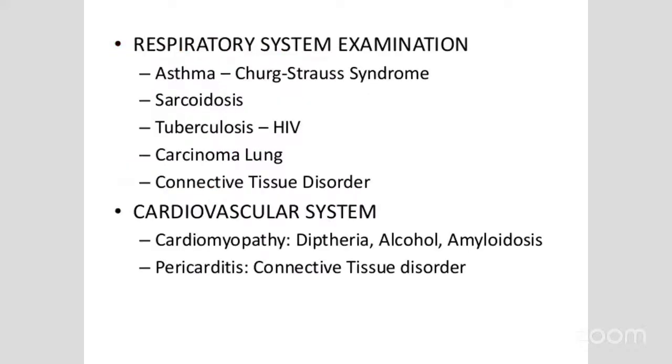In respiratory system examination, certain points to be looked for: asthma and Churg-Strauss syndrome, sarcoidosis, HIV, TB, CA lung, and connective tissue disorders. For the cardiovascular system, you have to check for cardiomyopathy, especially in case of diphtheria, alcohol toxicity, and amyloidosis, and pericarditis for connective tissue disorders.